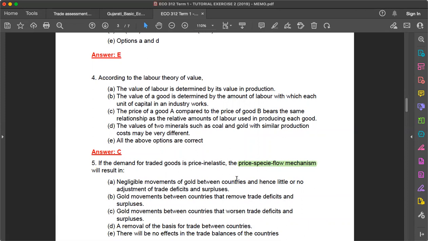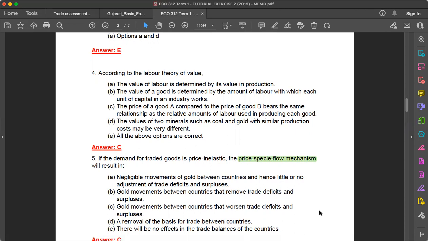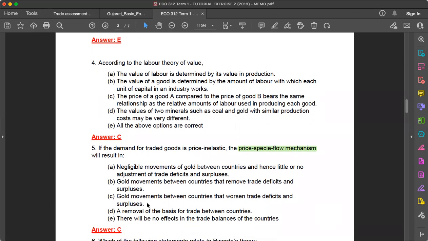Okay, cool. You have the following options. You can just pause and reflect. Right. The answer here is C. Gold movements between countries that worsen trade deficits and surpluses. So you need to know what the consequences are. You need to know what this means.